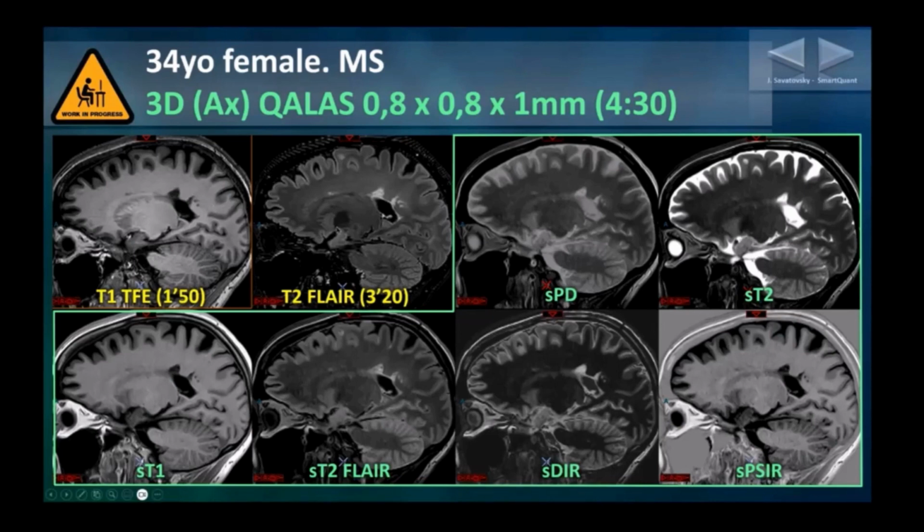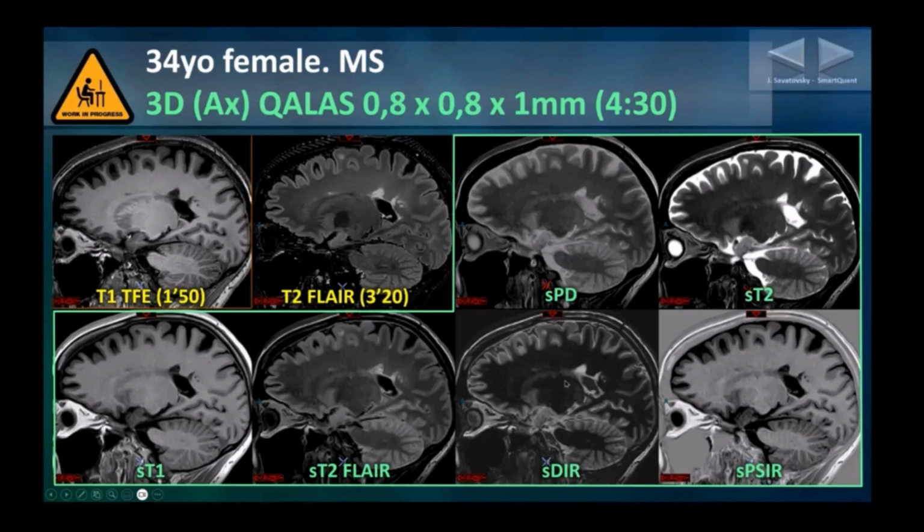So this is an example of a 34-year-old female with MS, and those are the conventional data sets for you to compare and for you to see that we do not lose any MS lesion with the synthetic weightings, and additional to the regular weightings that can now replace all the regular conventional sequence.